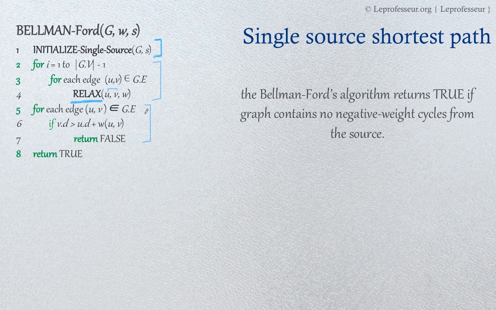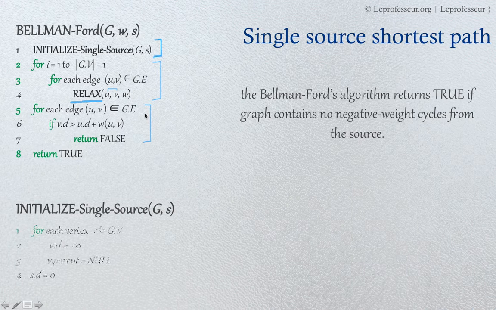All right, so let's see what the initialization subroutine says. It's very simple. For each vertex, v dot d is nothing but some sort of distance or key value, whatever you may like to think of.